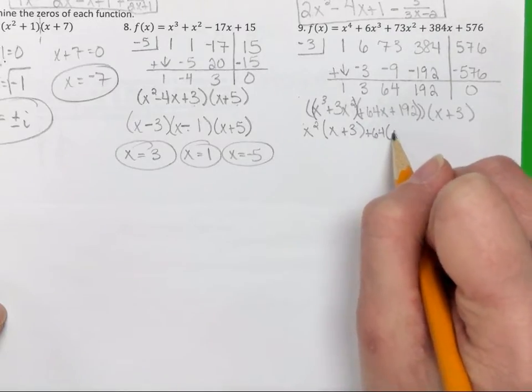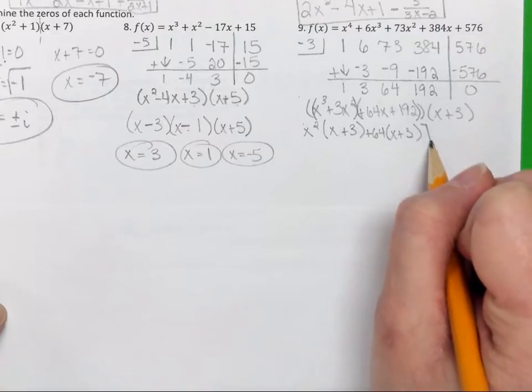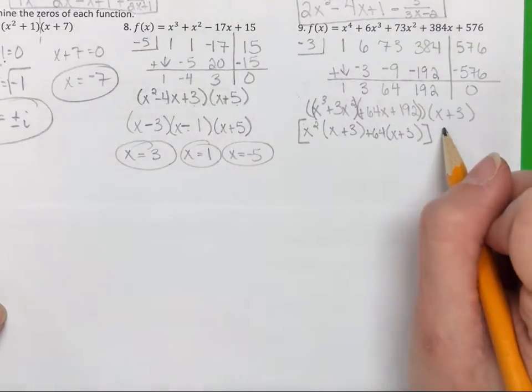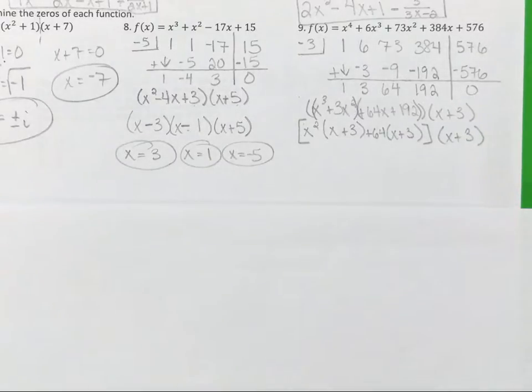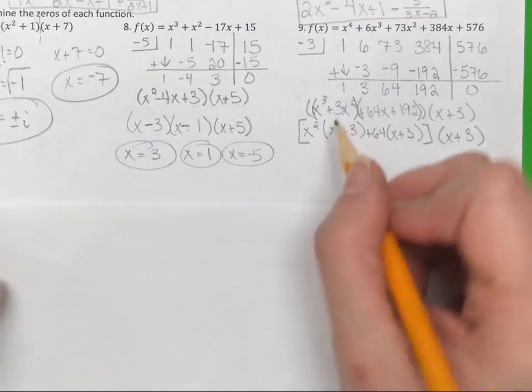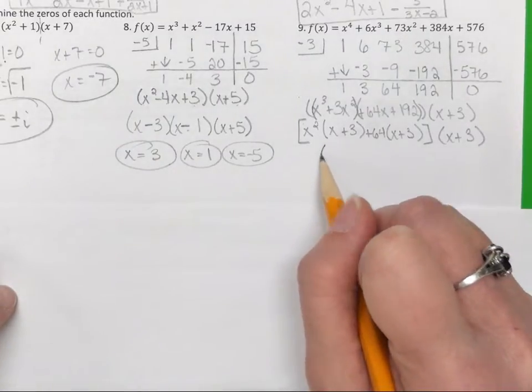Plus. So that's x plus 3. And just bring down this x plus 3. I just put brackets around it to make it look prettier so I can tell it apart. Y'all okay with that? Yes, ma'am. What's wrong, Brinkley? So this isn't the one where you do x squared plus 64 and then x plus 3? It is. It's x squared. You're right. I just hadn't finished it yet. I was giving y'all a minute.